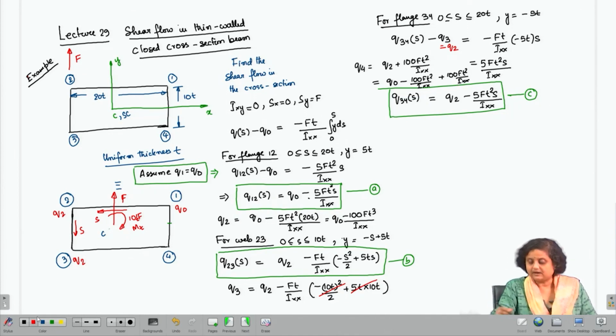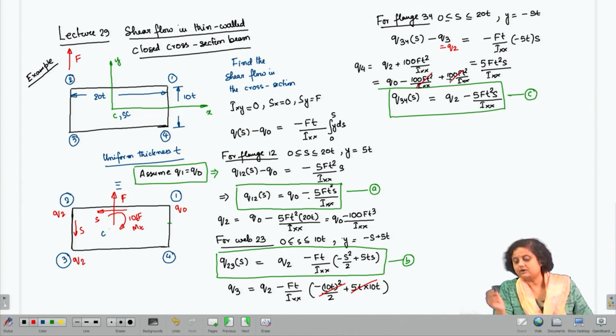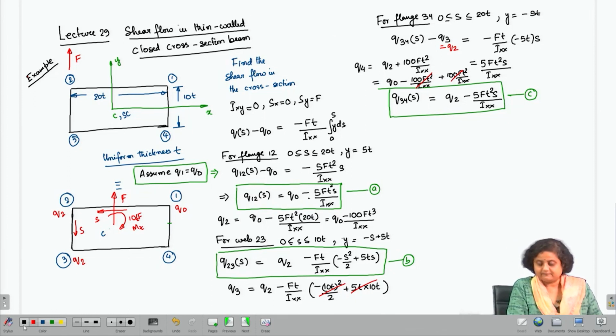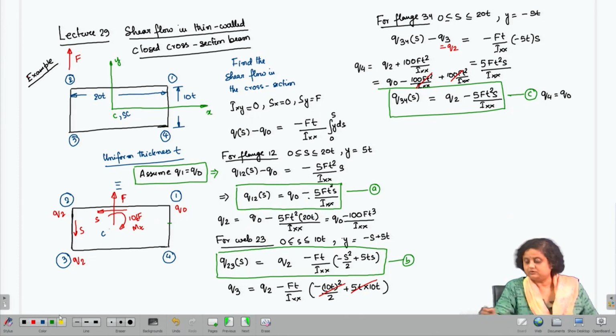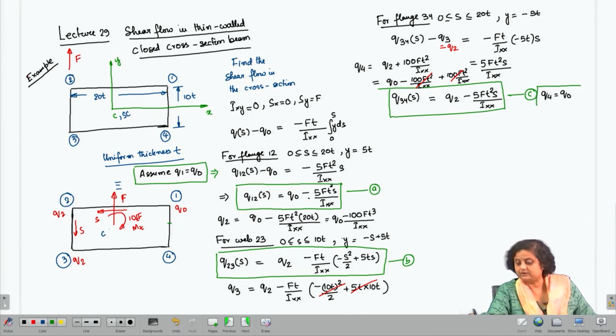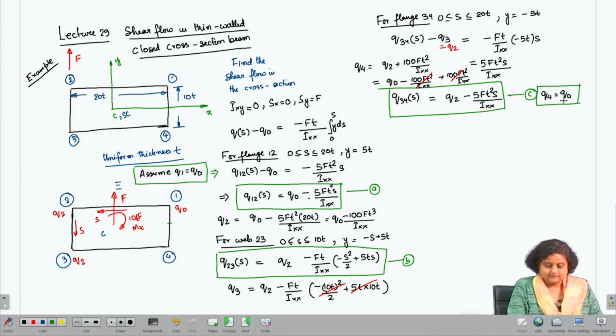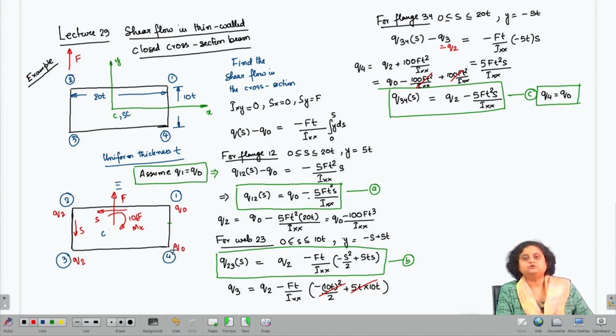So, these are going to get cancelled out and we will be having Q4 is going to be Q0. So, this is the other expression that we have. We can write that Q4 is going to be Q0, which is also acceptable physically because it is symmetric about x axis. So, Q at 1 should be equal to Q at 4.